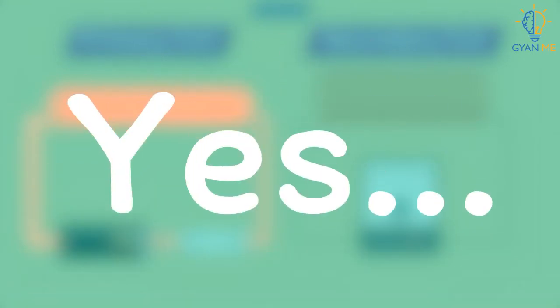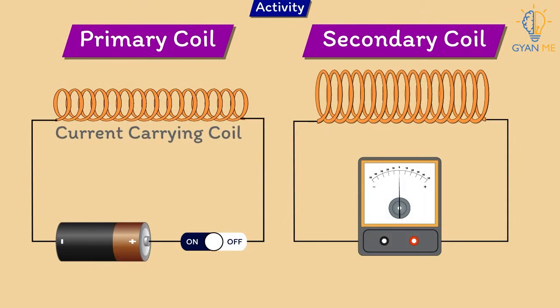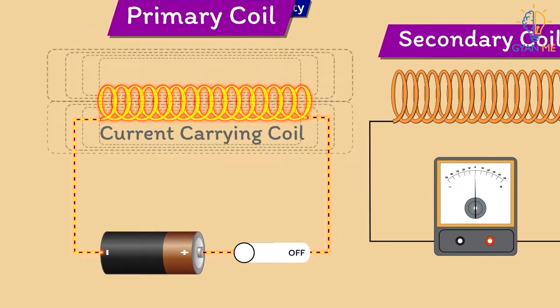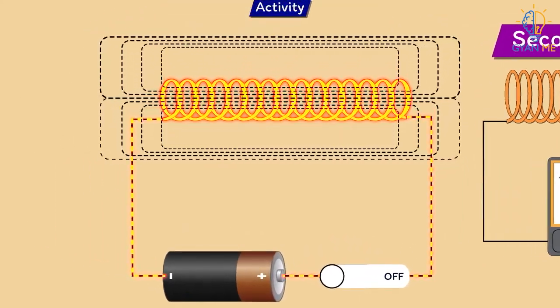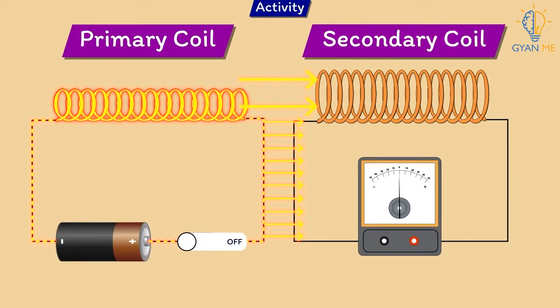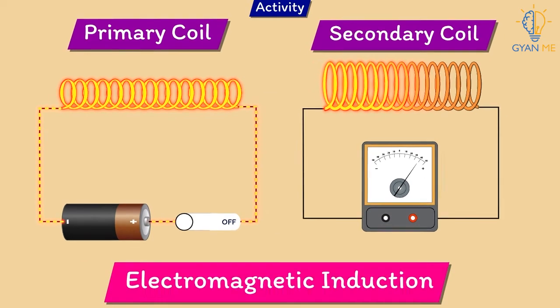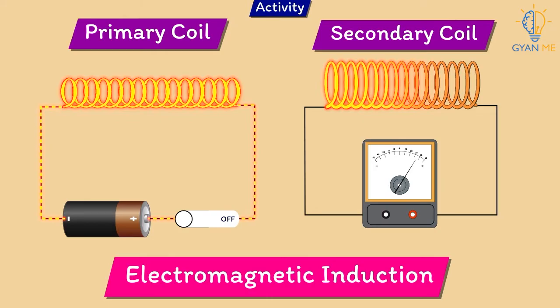Yes, it is easy students. Recall that a current carrying coil behaves as a magnet. So here, when current is allowed to pass through the primary coil, it behaves as a magnet, which when moved produces current in the secondary coil, due to the effect we already studied called electromagnetic induction.